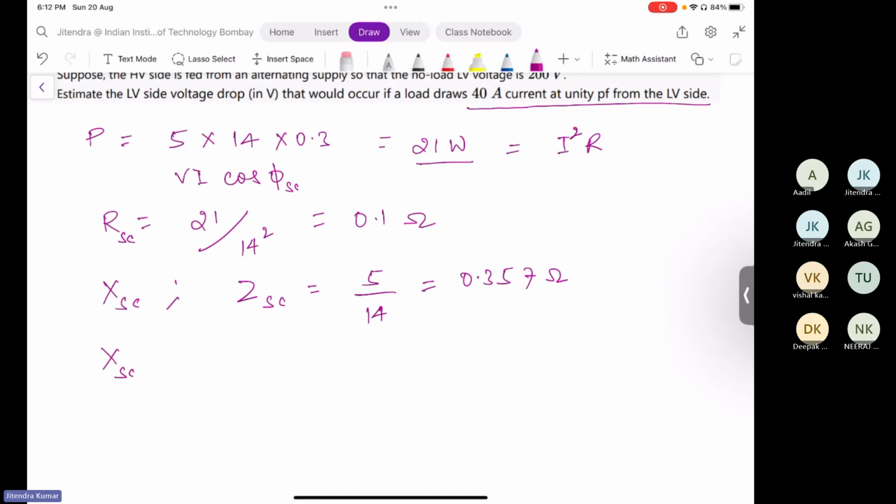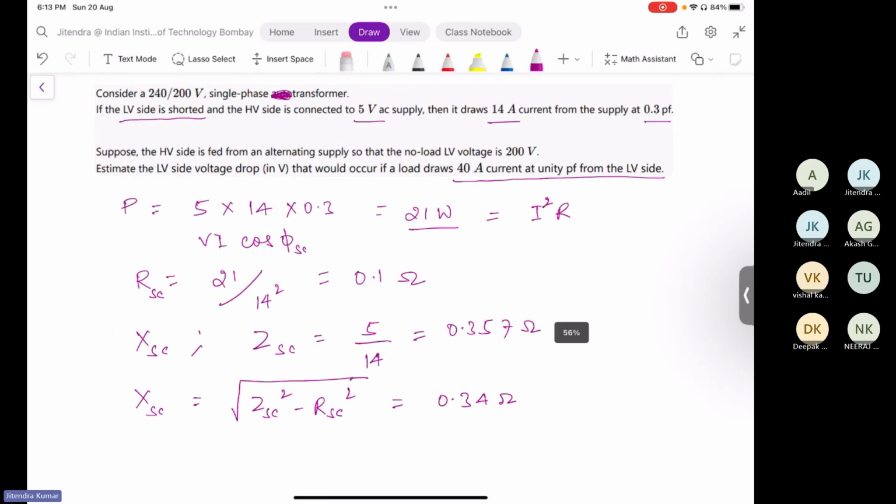Now XSC we can compute as the square root of ZSC square minus RSC square. It is 0.34. So we have computed the short circuit parameters, right?